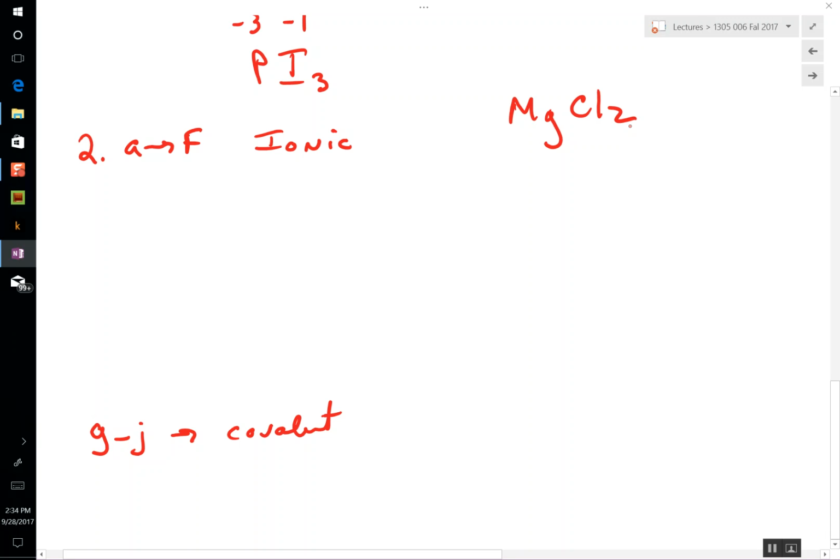We don't call that magnesium dichloride. We say we know that's a +2 ion. We know this is a -1 ion, so we are going to name it in our ionic nomenclature. We just say the metal ion and the name of the anion, the chloride. We get magnesium chloride.